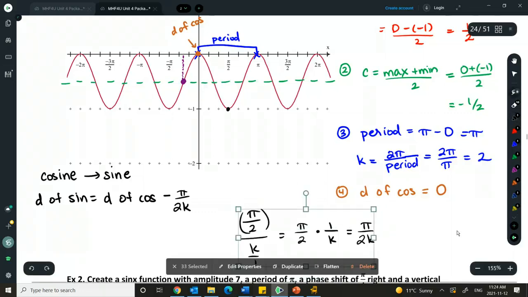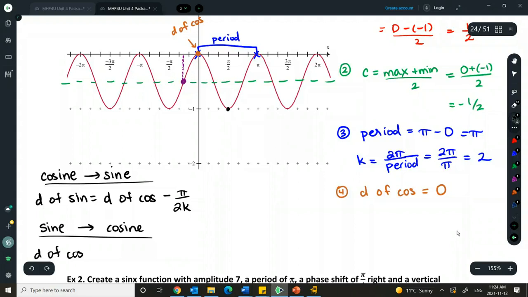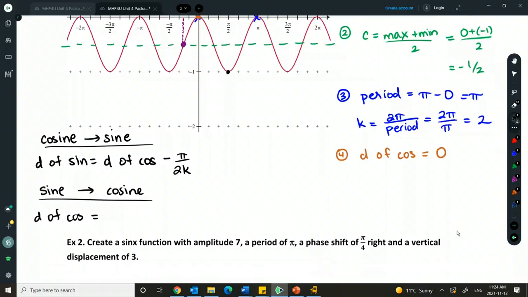So we can probably also say, if we were to do the reverse, sine to cosine, which we don't need for this one, but we may need for a future one, we can calculate d of cos by doing what? What would we do? Just as a guess. Oscar, what do you think?